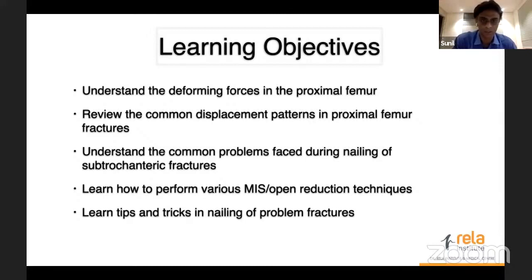We'll also understand the common problems that you might face during nailing of subtrochanteric fractures and how to overcome them. I'll tell you how to perform various minimally invasive and open reduction techniques that are often required when you deal with these fractures, and also select tips and tricks when it comes to nailing of these problem fractures.